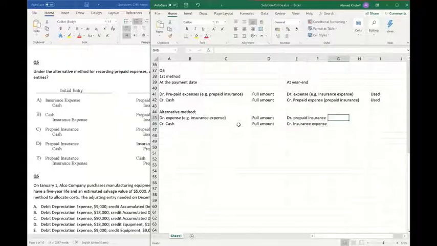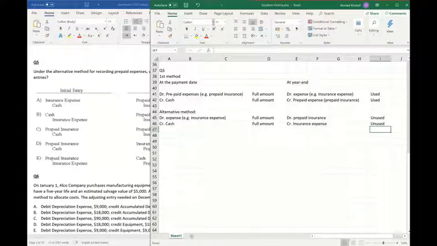Here at the end of the year we recognize the unused part of the insurance, which is unexpired insurance. Because initially we recorded the full amount as used, which means all the amount would be recognized as insurance expense, but at the end of the year we reduce the insurance expense with the amount that is still unexpired or unused. This will be used in the future.